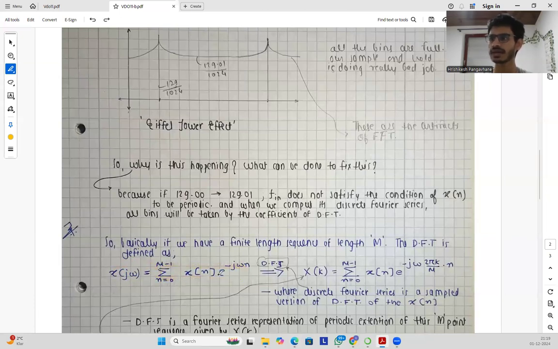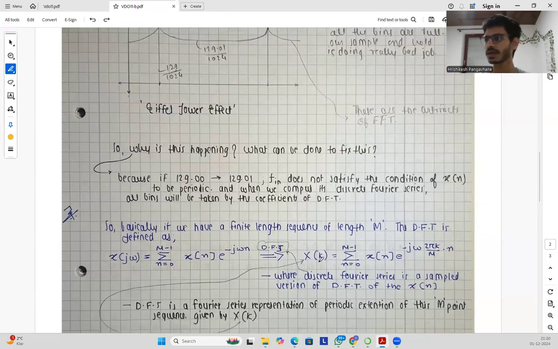And when we take the discrete Fourier series of this DFT, denoted by X of k, it comes out to be this value, where we have x of n e to the power minus j omega 2 pi k by M times n, and this goes from 0 to M minus 1, because it's just the repetition of a particular sample from the DFT.